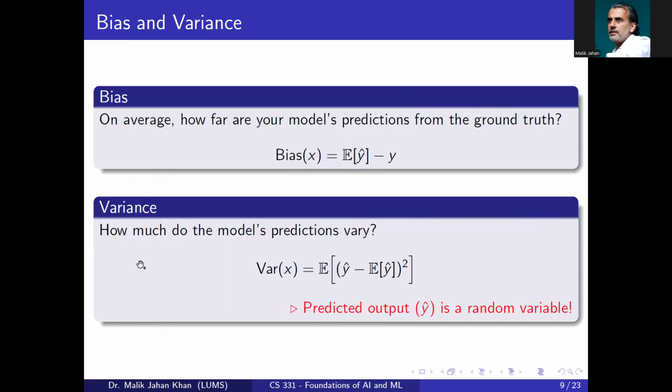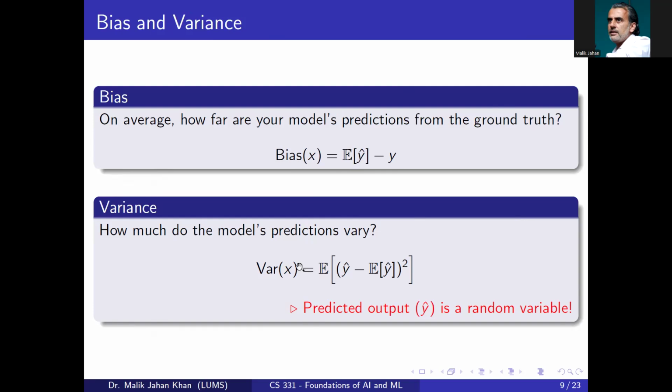The second part is variance. And by variance, we mean how much do the model's predictions vary? Now, if you focus on this linguistic part, it's not talking about ground truth. It is just saying that within that entire pool of predictions, how much is the variation?